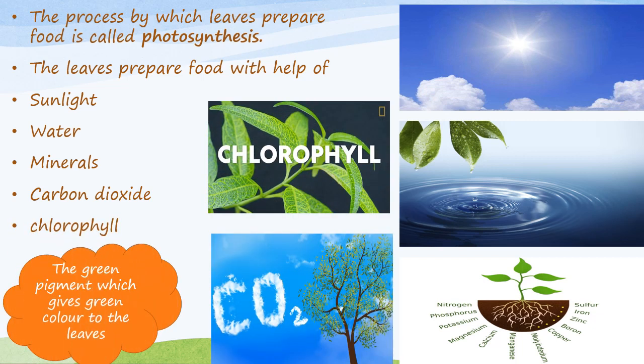Chlorophyll, what do you mean by chlorophyll? Chlorophyll is a green pigment which gives green color to the leaves. So with the help of sunlight, water, minerals, carbon dioxide and chlorophyll, the leaves prepare their food, and the preparation of food by the leaves is called photosynthesis. That is why they are called the kitchen of the plant. Okay, so they have the process of photosynthesis.